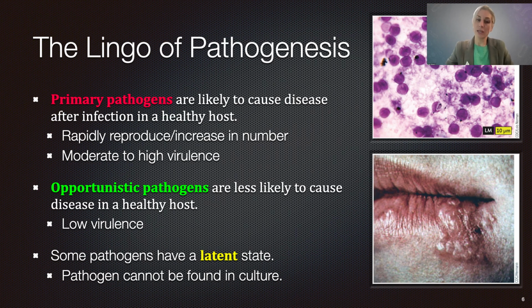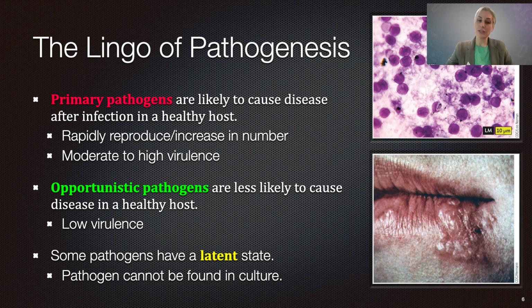Here we see cold sores on the mouth. HSV can be oral or genital, found in 2 locations. HSV itself can have a latent state, meaning that while you have the infection, you have the virus, it doesn't mean that you see this physical manifestation into a cold sore, as seen here. So it can be in a latent state.